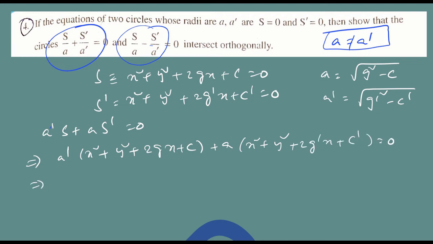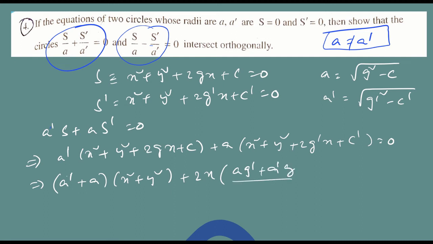From this I am getting x square into a dash plus a, and similarly y square into a dash plus a. So it is a dash plus a into x square plus y square plus 2x into a g dash plus a dash g, plus a c dash plus a dash c is equal to 0.